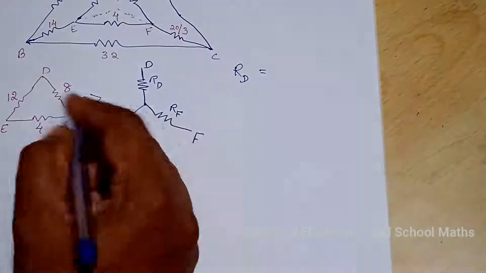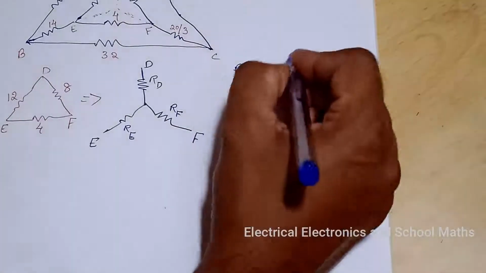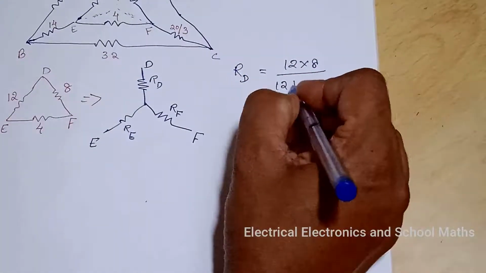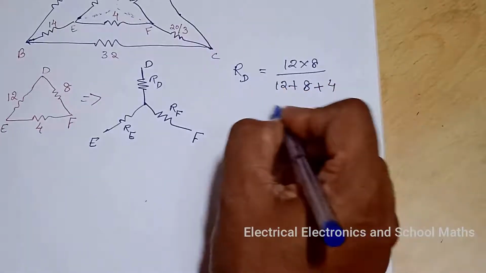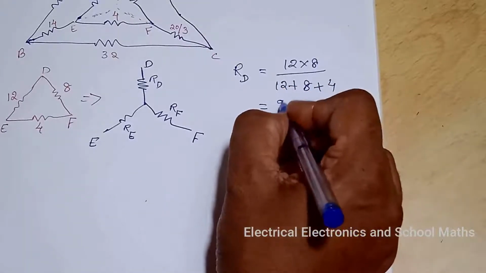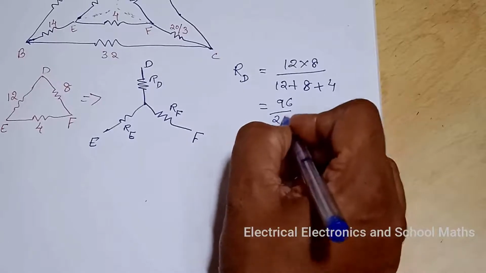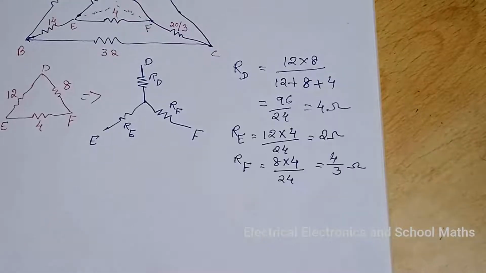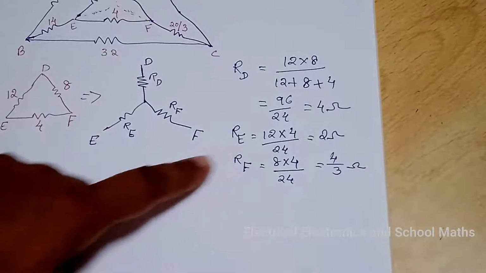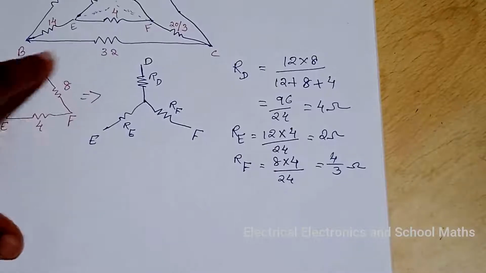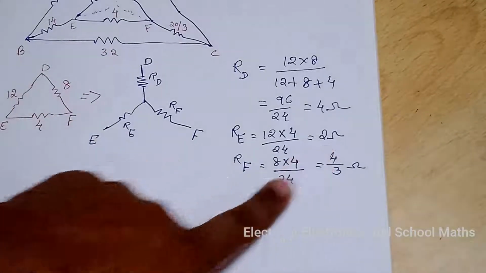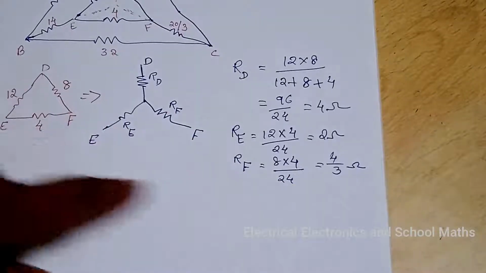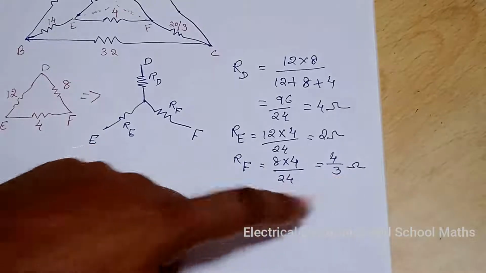RD equal to 12 into 8 divided by the total resistance, that is 12 plus 8 plus 4 equal to 96 divided by 24 equal to 4 ohm. Similarly, RE equal to 12 into 4 divided by the total resistance equal to 2 ohm, and RF equal to 8 into 4 divided by total resistance equal to 4 by 3 ohm.